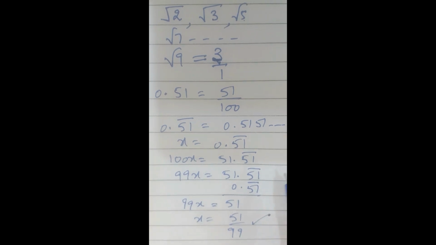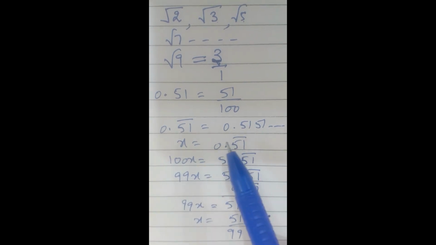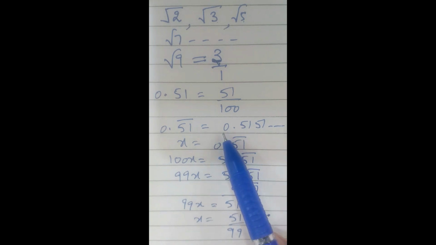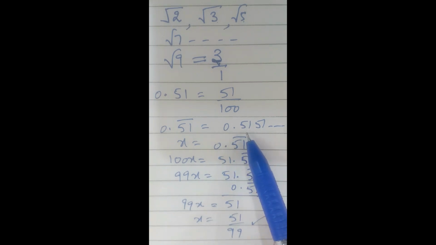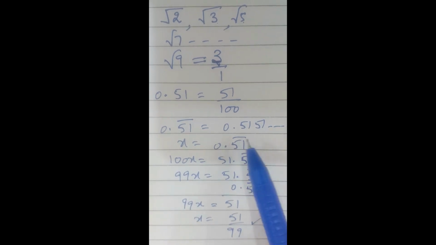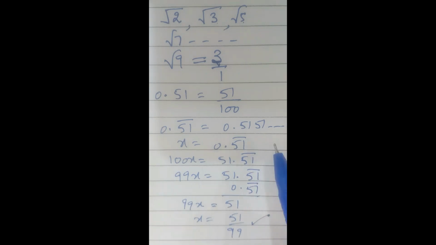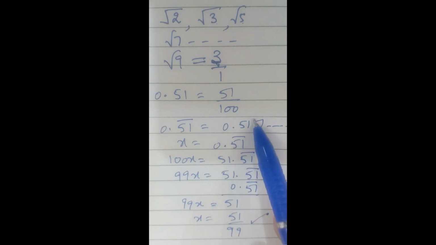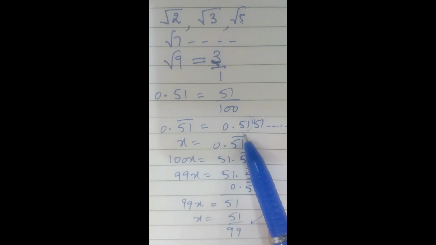Now the major difference between the decimal representation of rational and irrational numbers, I am going to clarify here. If you see here, it is 0.5151, and again you will write 515151 and so on, right? That means 51 is repeated endlessly, but the same digits are being repeated. It's 51 which is being repeated here.